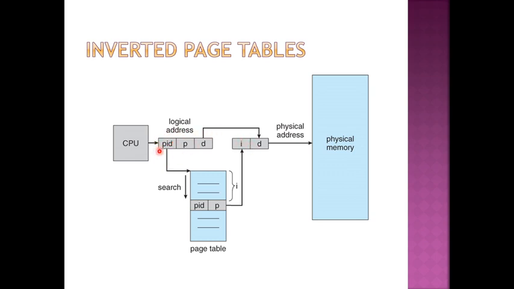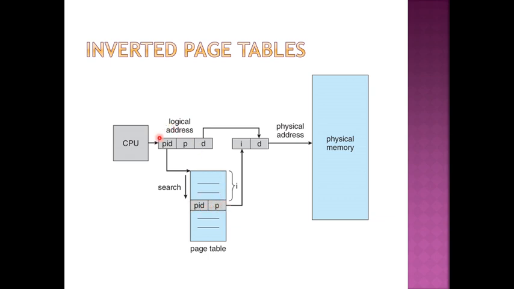Now that I have these three components in my logical address, let us look at the contents of the page table. In the previous case, the contents of the page table were the frame numbers, and the page number was just an index to these values. But now the page table has the PID, that is the process ID, and the page number.